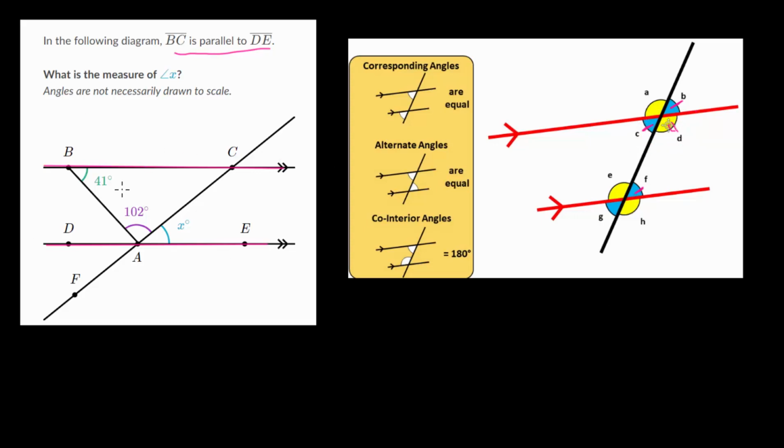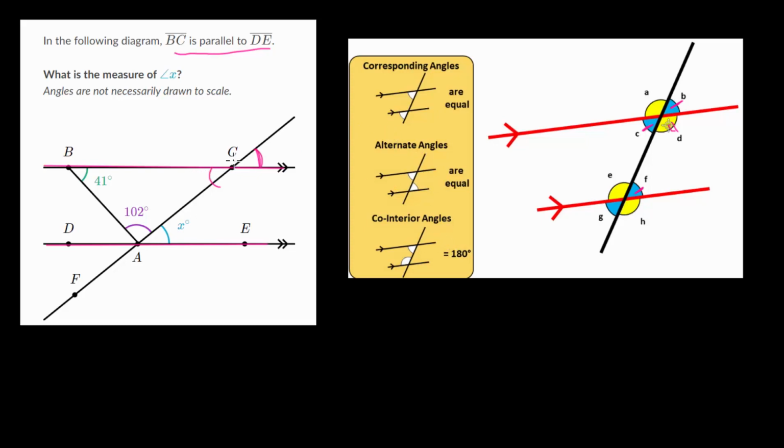But for this problem, we essentially want to figure out what this missing angle is in our triangle here. And notice that if we look at vertical angles, this would be the same angle here. And this angle here and angle X, these are corresponding angles. Or this angle in the triangle and angle X, these are alternate interior angles.